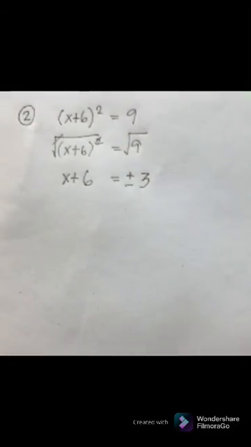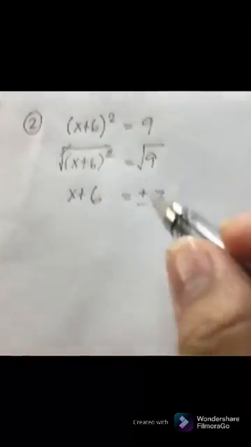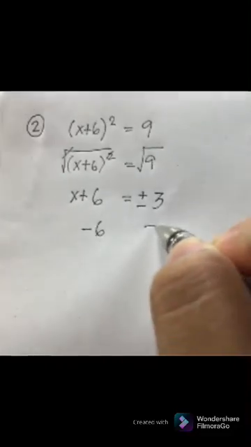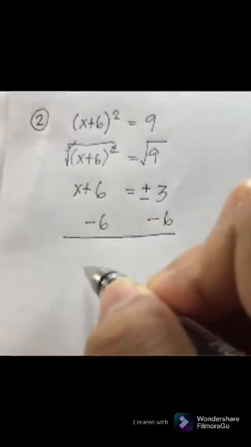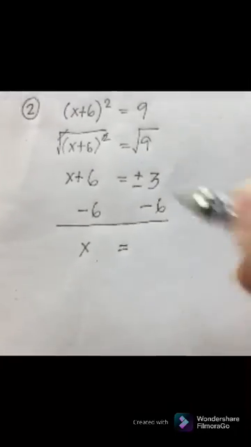3. Again, we have still here the constant, so we're going to use the additive inverse of positive 6, that is negative 6. That will be minus 6 and minus 6. Okay, so the remains here is x, copy equal sign.